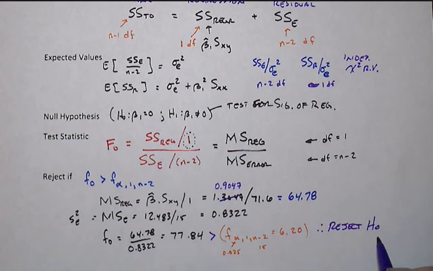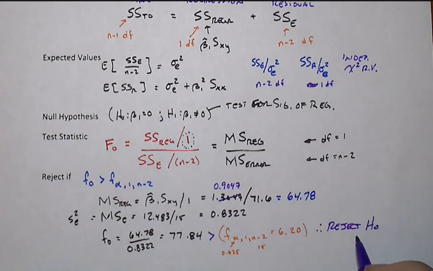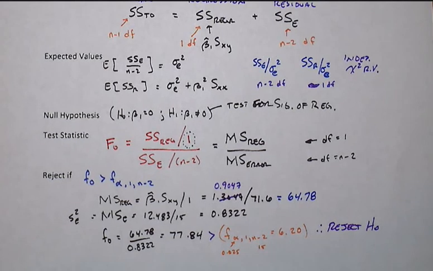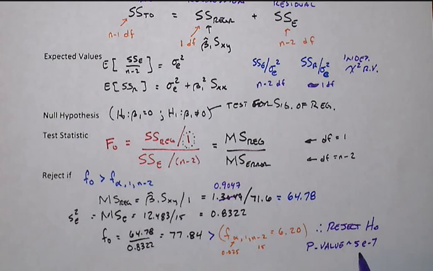And that just says that we do think there is some regression model there, that there is a relationship somehow between the two variables, at least from a statistical standpoint. Right, now, if you really want to go find the p-value that's associated with this, then it turns out that that is approximately 5e to the minus 7. So very, very, very small number here.